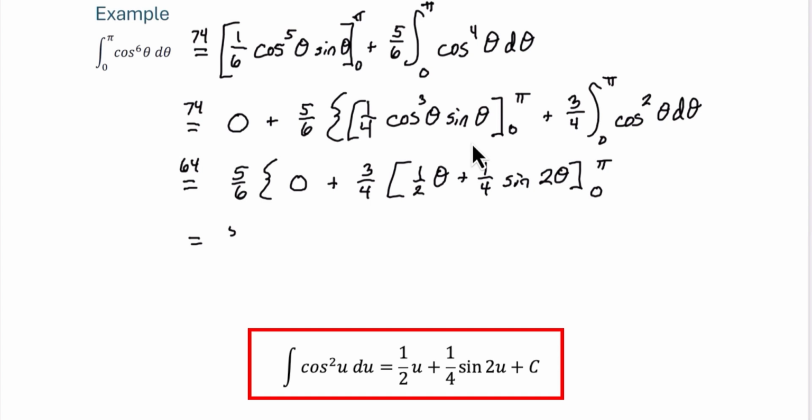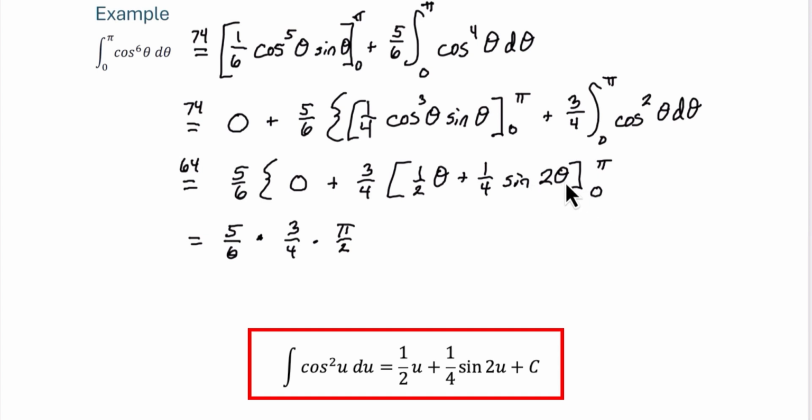Let's simplify this. We'll have 5/6 times 3/4 times, let's go in and do a little bit here. If we plug in pi to theta, we'll get 1/2 pi, or pi halves. Plugging in pi to this piece will go to 0.